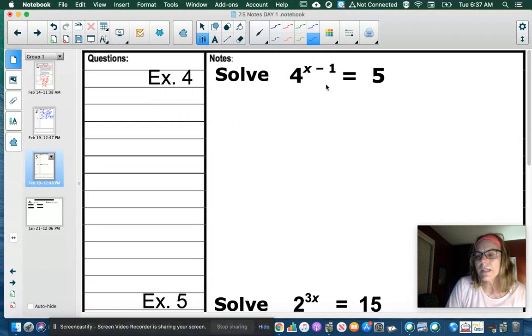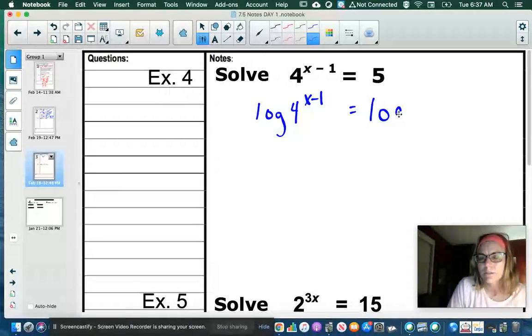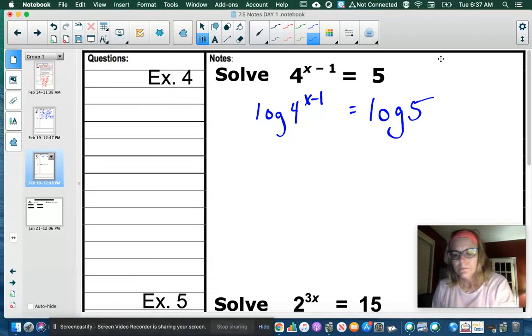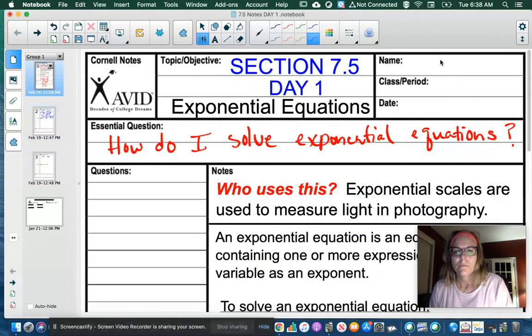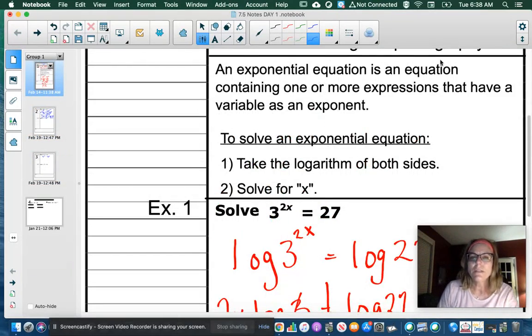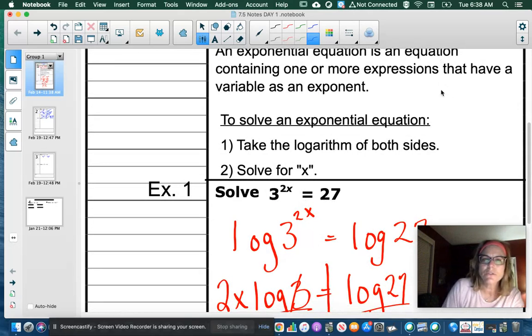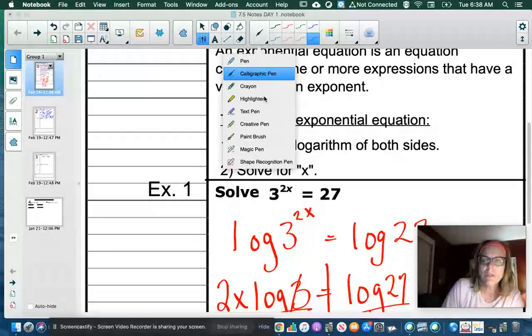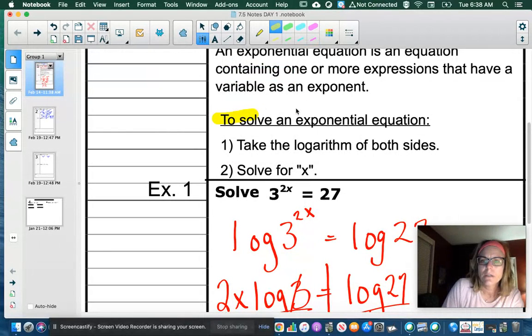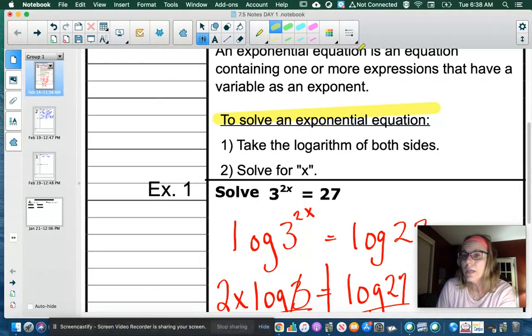All right, we have an exponential expression on the left and a constant on the right. It's still an exponential equation, so we're going to log both sides to solve for x. And I'm referring to these steps to solve an exponential equation: take the log of both sides and solve for x.